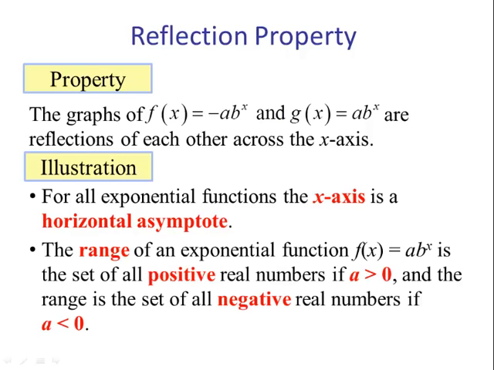The range of the exponential function f of x equals a times b raised to the x power is the set of all positive real numbers if a is a positive number, and the range is the set of all negative real numbers if a is a negative number. For both cases, the domain is all real numbers.